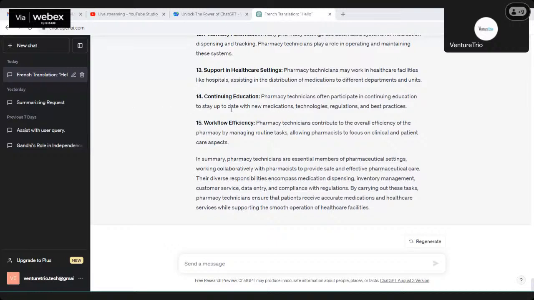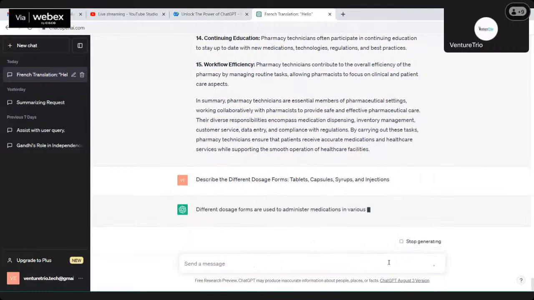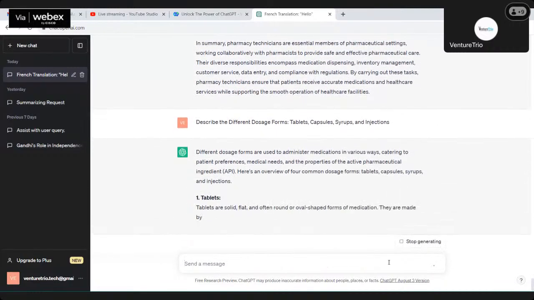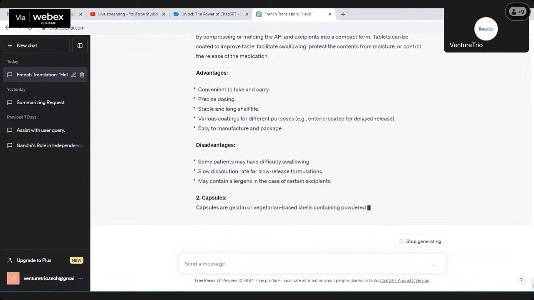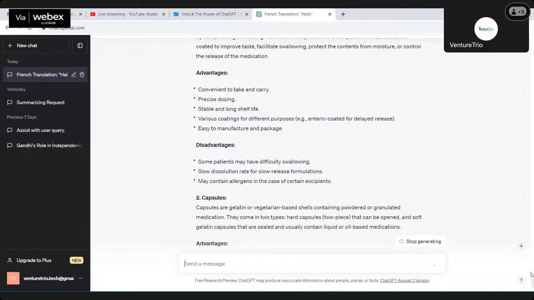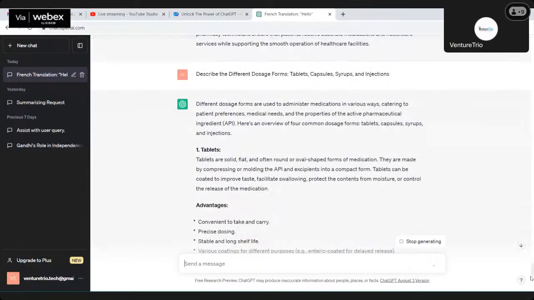One more example from the same field. Describe the different dose forms: tablets, capsules, syrups, and injections. So with the help of ChatGPT, you can enhance your academics.